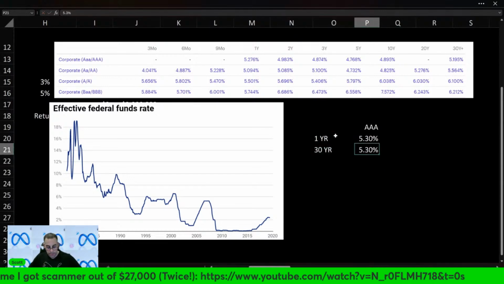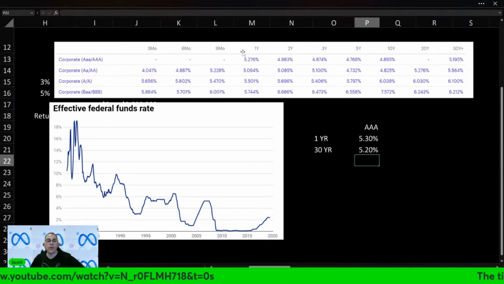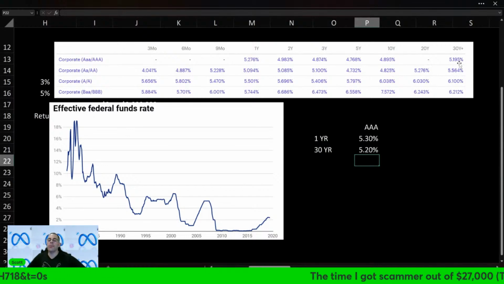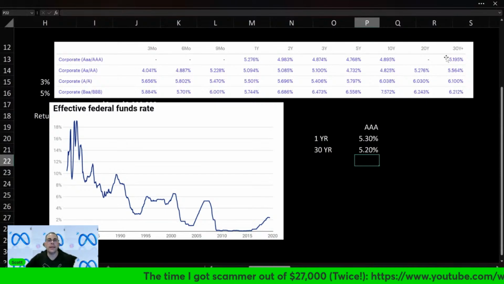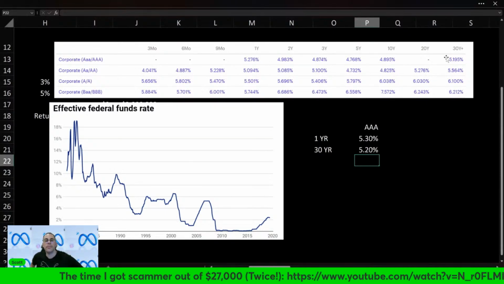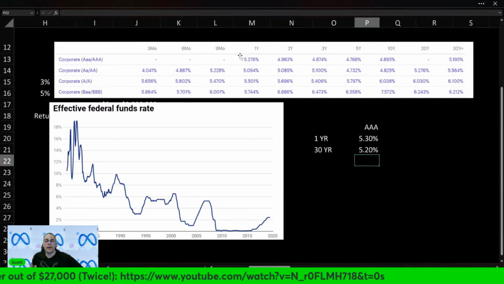And look at the 30-year AAA. It's lower than a 1 year. So if you're locking your money away for 30 years, you should get like a 6%, right? It should be higher, the 30-year, than the 1 year.